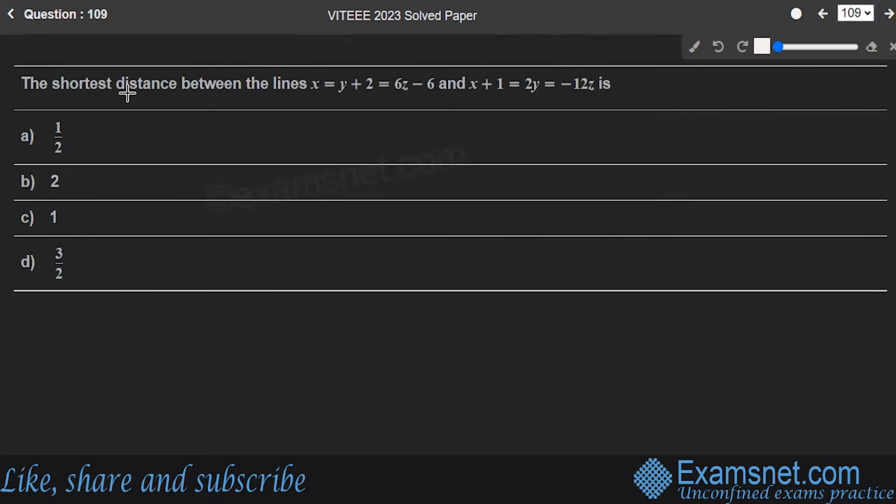The shortest distance between these two lines is given by. So this is the line x is equal to y plus 2 is equal to, I'll take 6 common, z minus 1. Then you can write it as x upon 6 is equal to y plus 2 upon 6 is equal to z minus 1 upon 1.